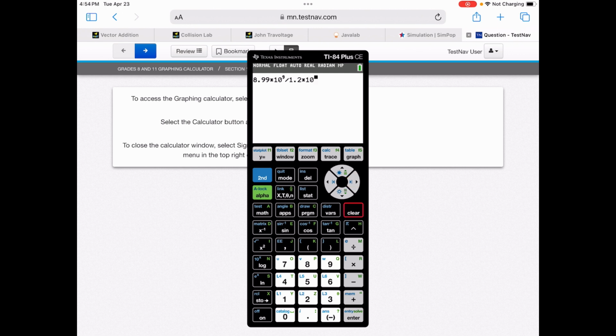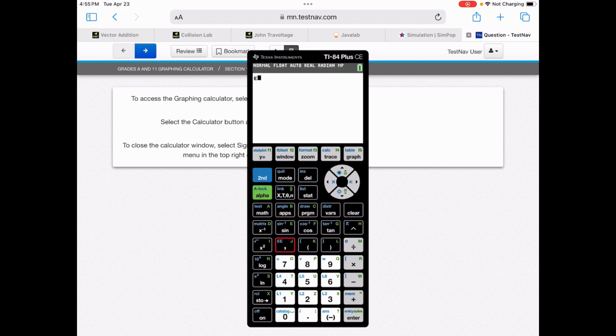So I'm going to strongly recommend that instead of doing that whole times 10 to the power of stuff, make use of this button here that I'm highlighting in red right now, okay? So see those big E's? Those two big uppercase E's, see how they're blue? That means if we press second and then them, it will give us that.